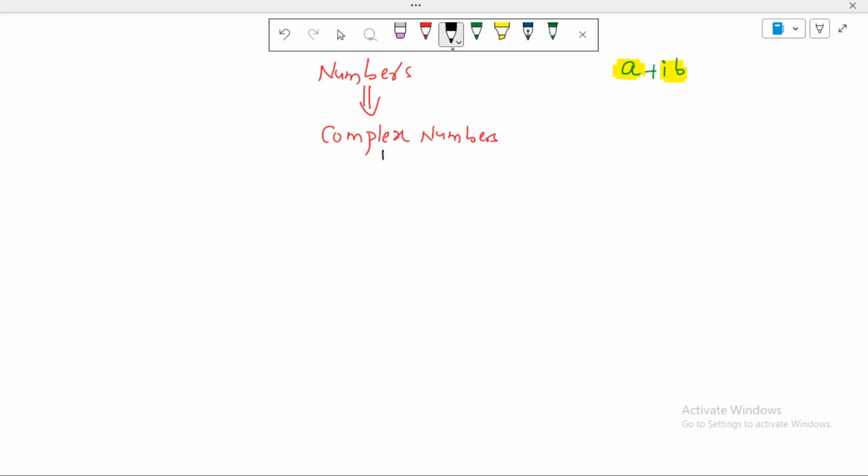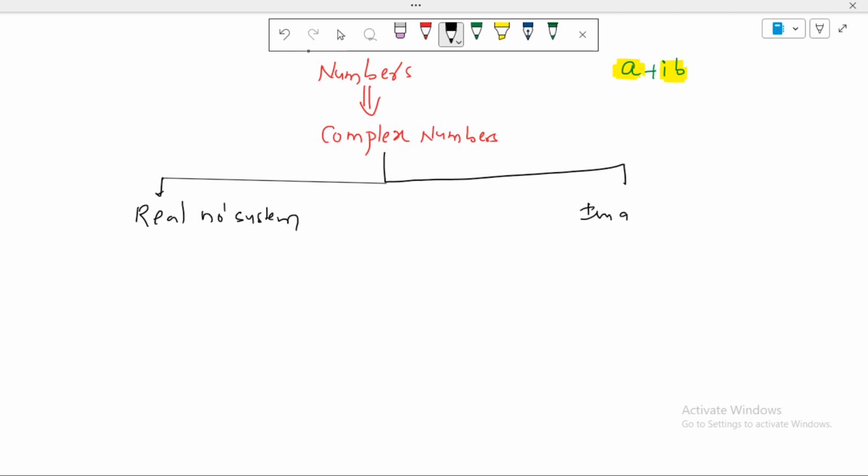Next, we are going to focus on this complex number system. This complex number system is categorized into two different parts: one is the real number system, and the next one is imaginary numbers.